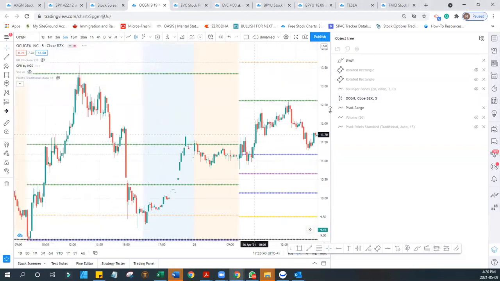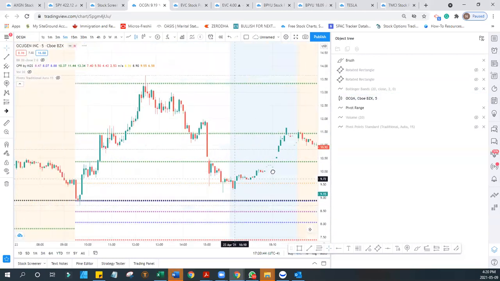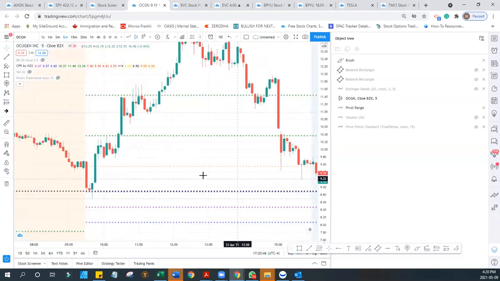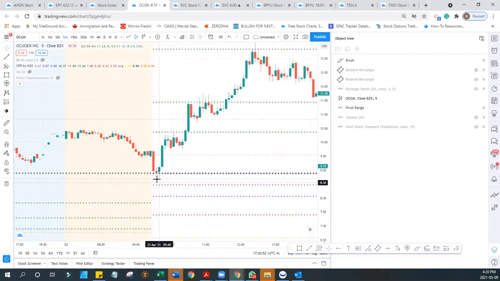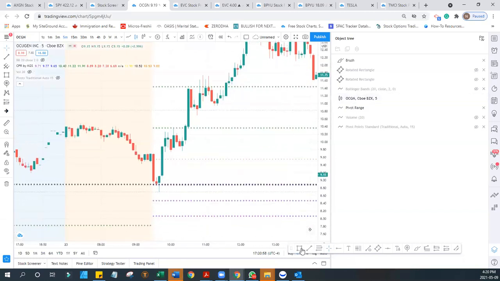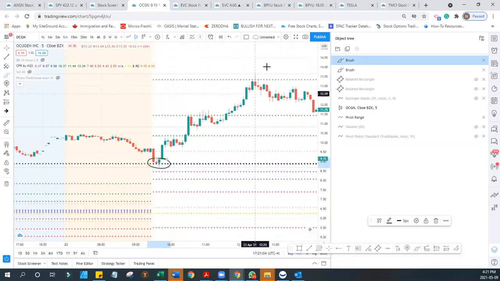Now if you see here, nice one, the one which I was saying. This is the monthly CPR, the monthly pivot point. Once the price took support from the monthly pivot and made a bullish candle, you can see that it goes up.